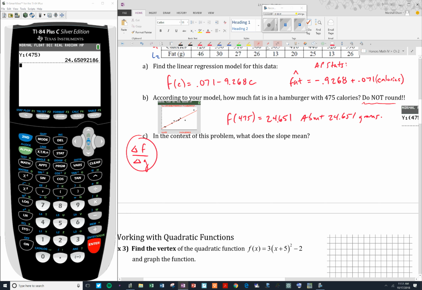So we're going to write something to this effect here in order to explain what the slope means in the context of the problem.